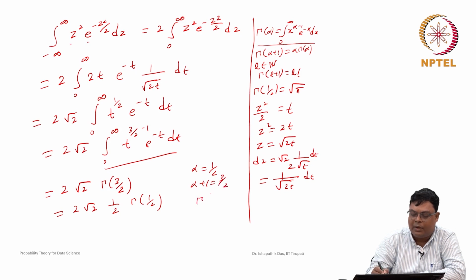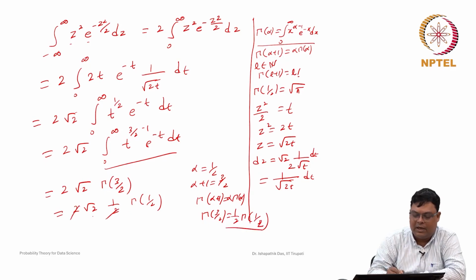So, gamma 3 by 2 is nothing but 1 by 2 gamma 1 by 2, and that we have used here. So, 2 root 2 into 1 by 2 gamma 1 by 2, then the 2 cancels and we get root 2 gamma 1 by 2.